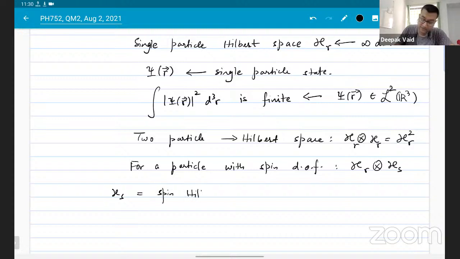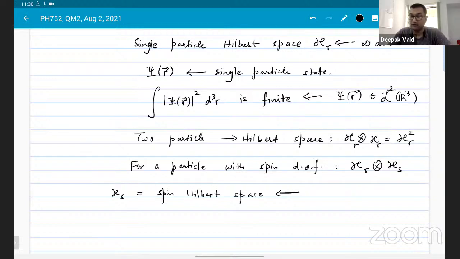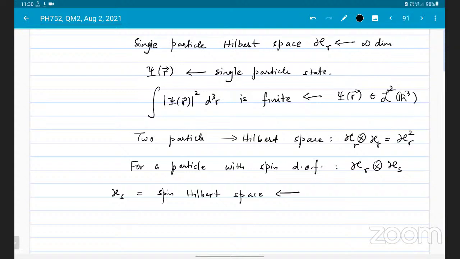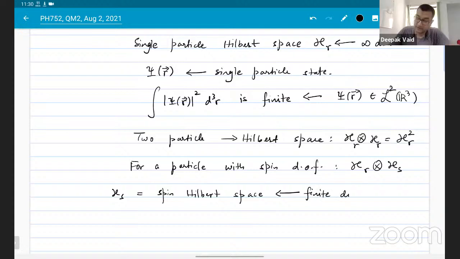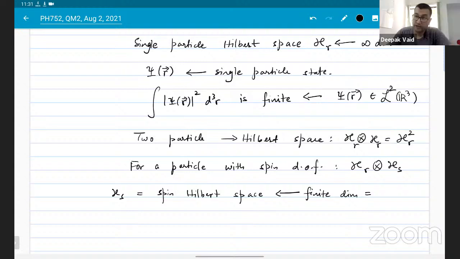Is this space finite dimensional or infinite dimensional? The Hilbert space of a particle with some spin is finite dimensional. What is the dimensionality?